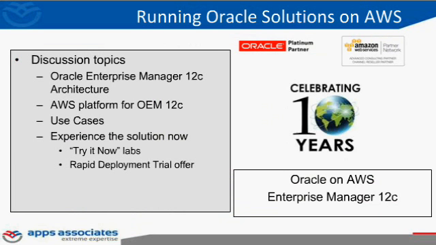In this webinar series, we're focusing on Enterprise Manager and how you can run Enterprise Manager to manage your cloud lifecycle, your infrastructure stack across the board, both Oracle and non-Oracle solutions. The agenda is going to be a quick brief look at Enterprise Manager, the AWS platform, and the nuts and bolts that it provides to deploy solutions such as Oracle Enterprise Manager, and we'll walk through a few use cases of what an Enterprise Manager architecture would look like for deploying Oracle on AWS.